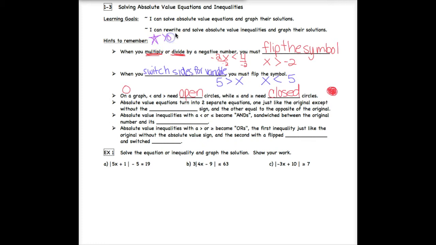And that is that you must get the absolute value term alone first. And that is before you do any of these things.